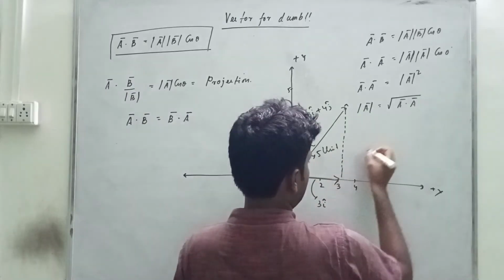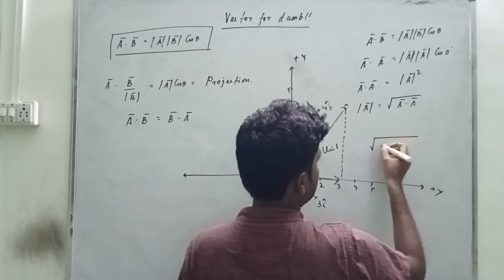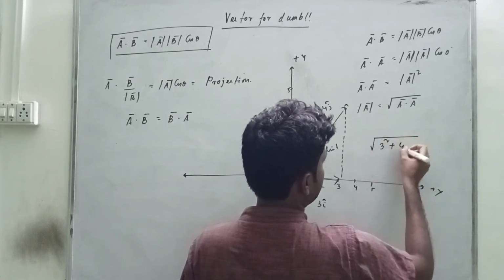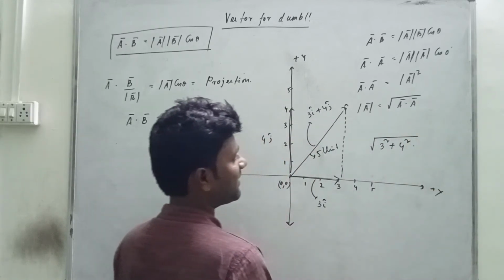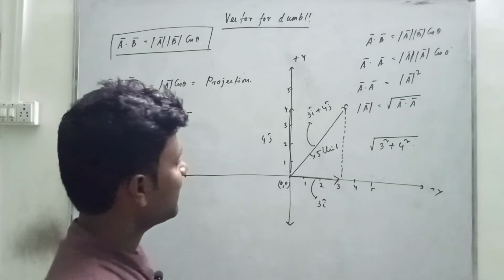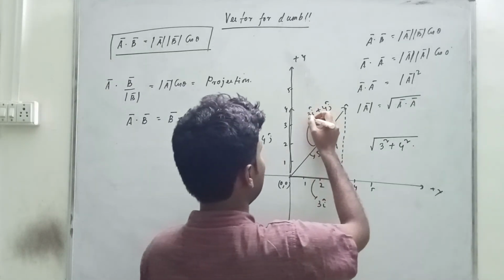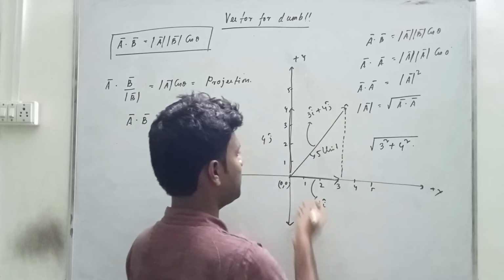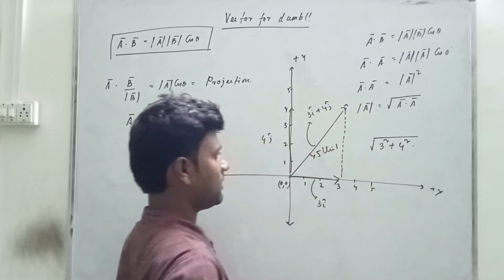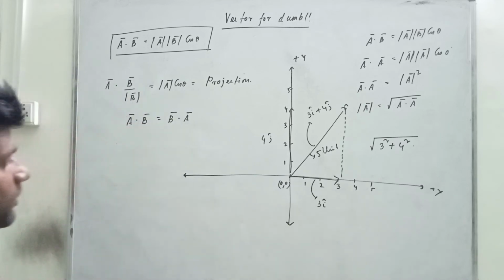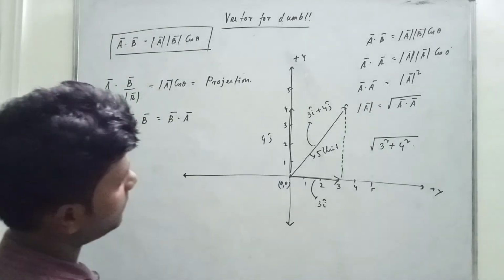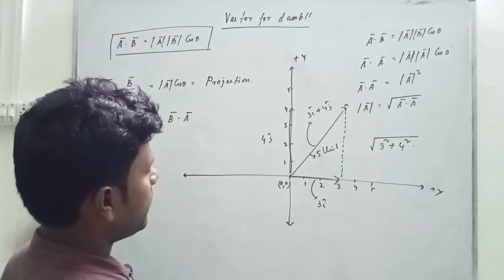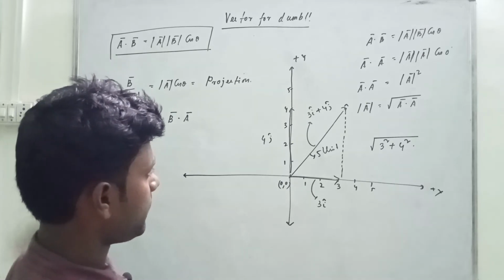That means it is root over 3 square plus 4 square, right? So the length of this vector will be 3 square plus 4 square under the root.